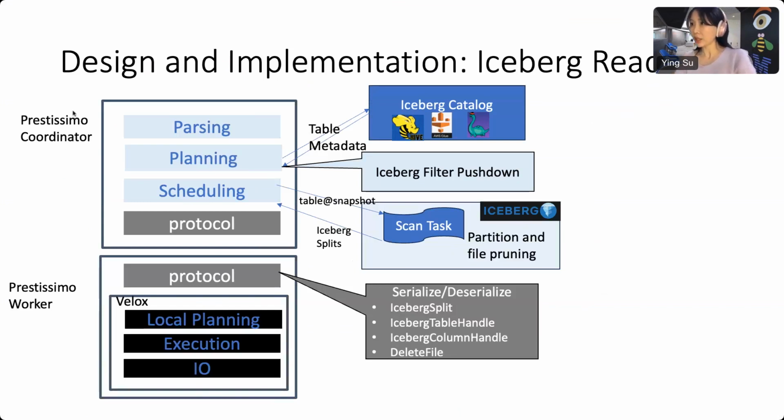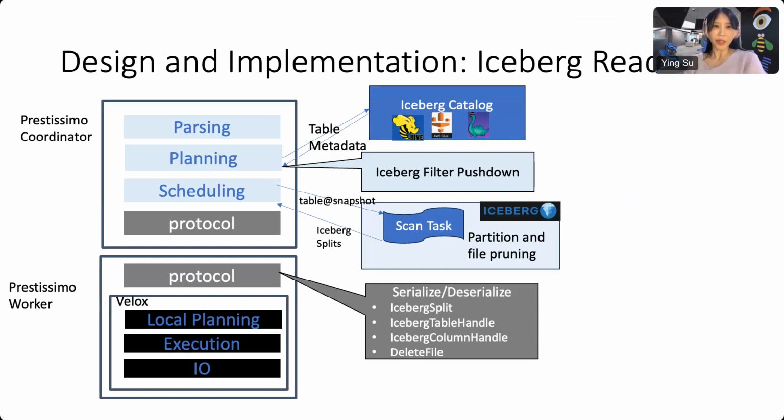So now let's talk about how the Iceberg read works. On the coordinator, the planner needs to ask the Iceberg catalog to get all the pointers to the manifest metadata files from the Iceberg catalog.